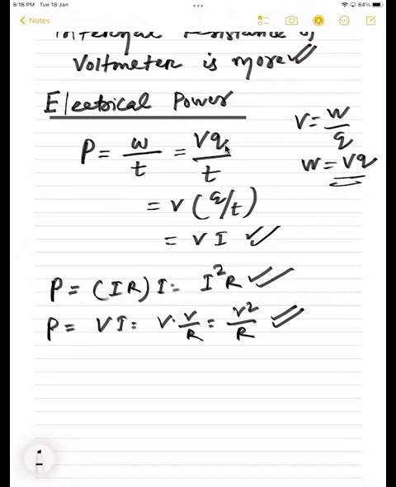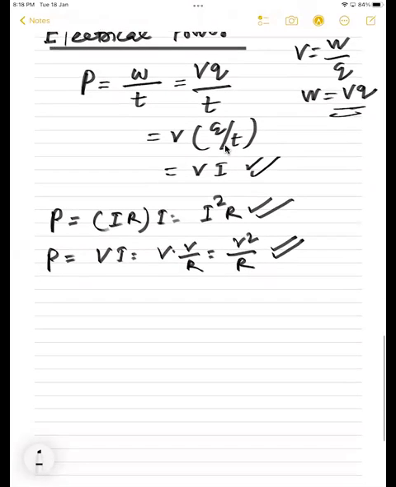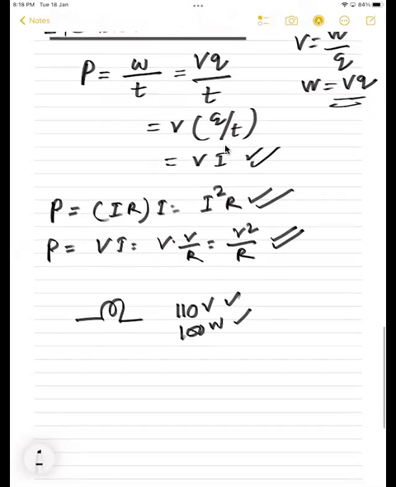Students, there is a bulb rated 110 volt, 100 watt. What does it mean?